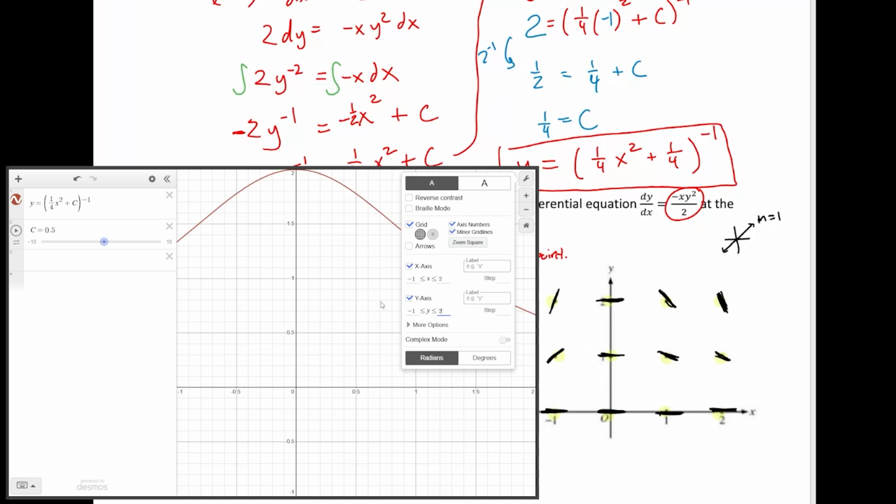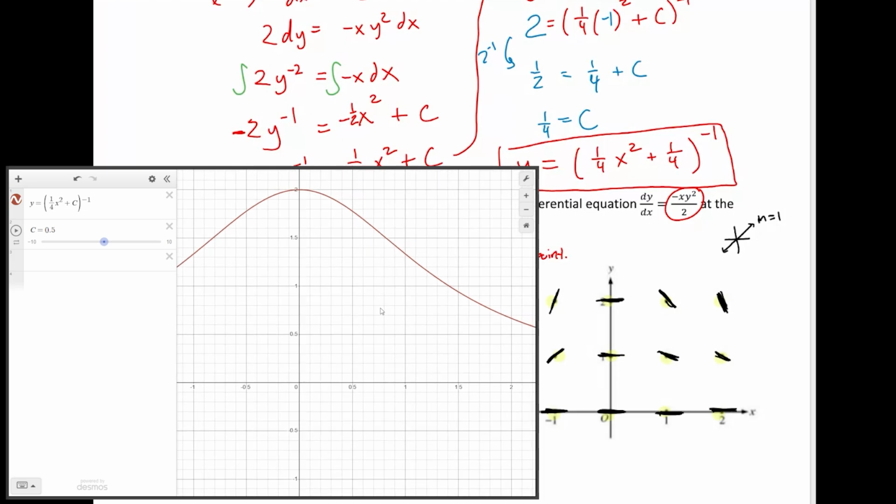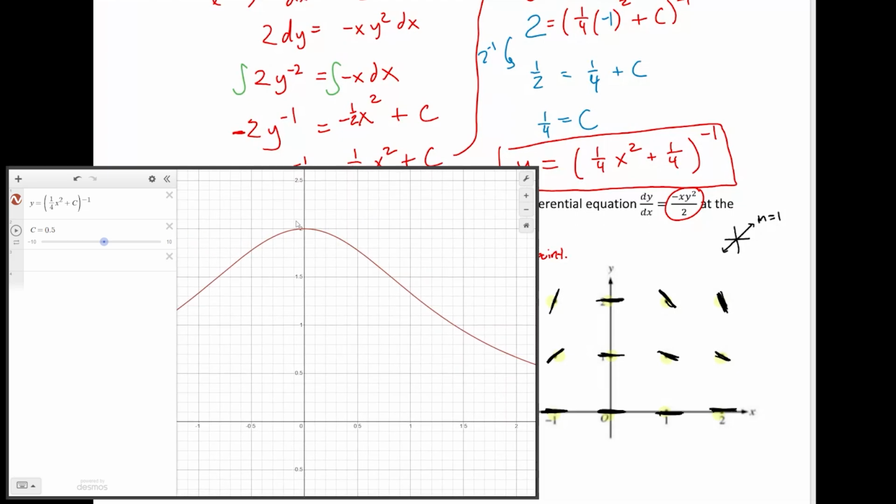Okay, so this is exactly what we're seeing, and maybe I'll zoom out a little bit. Really just looking at this top section here. But look at the slopes, look at what you have drawn there compared to all the graphs that I'm seeing as I change my C value. I'm actually going to bring these out way more than just -10 to 10. Let's go -100 to 100 and see if we can see a lot more about what's happening here.